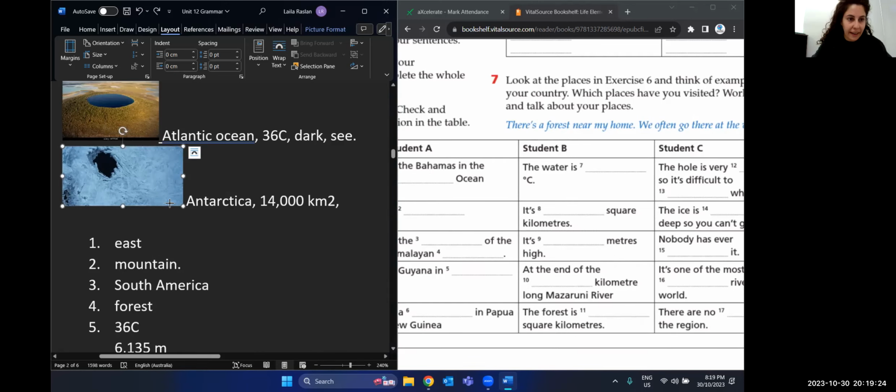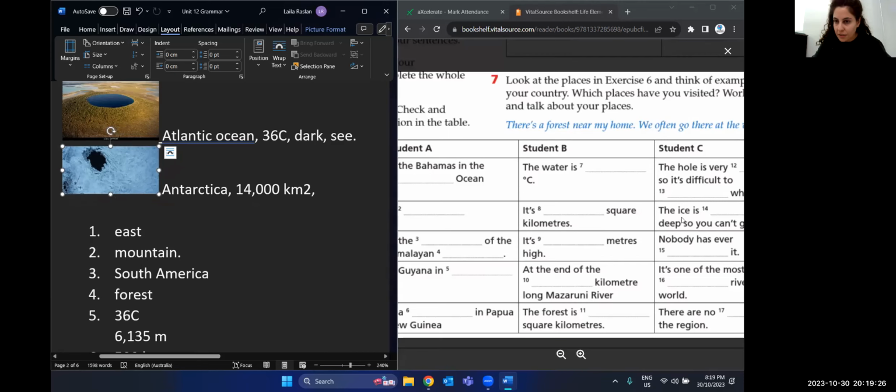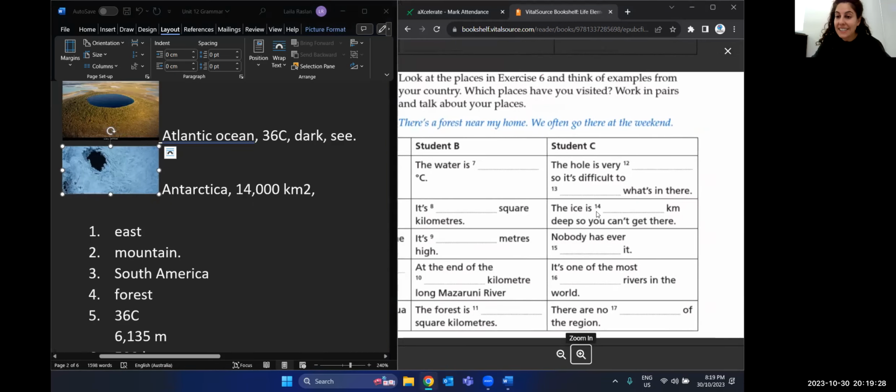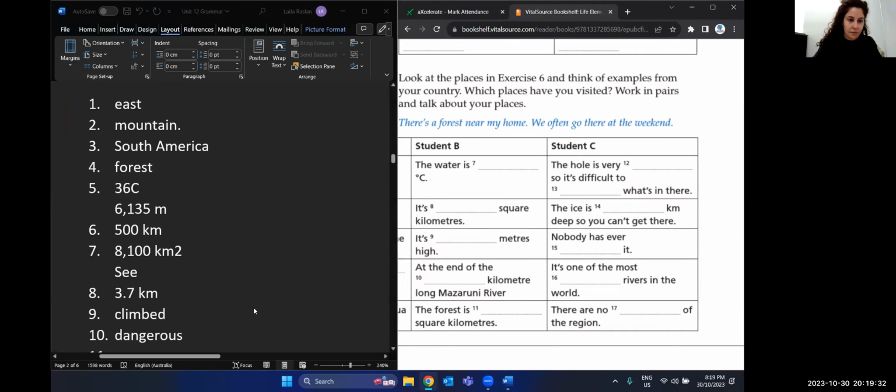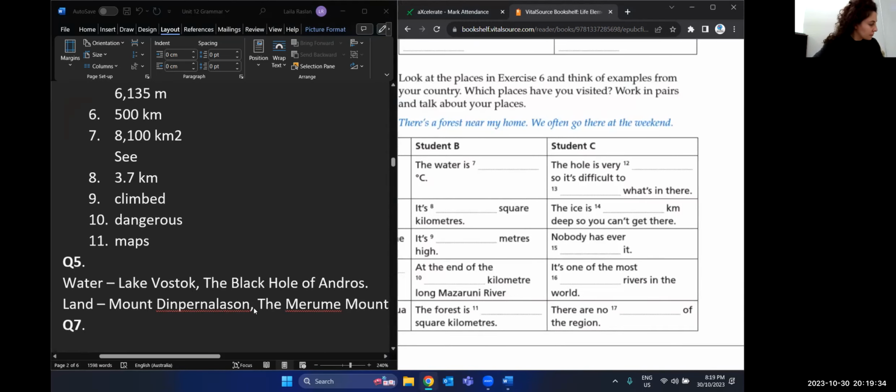And also we have number 14, the ice is 3.7 kilometers deep. Is that what you heard?